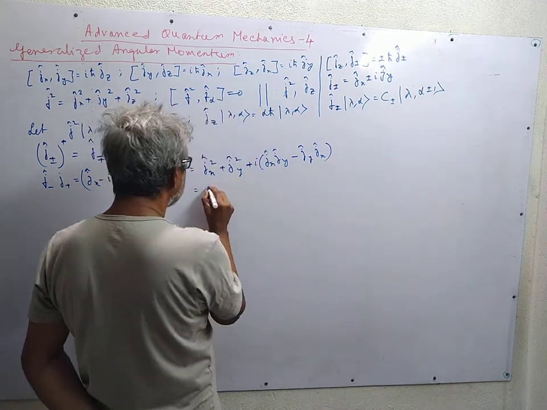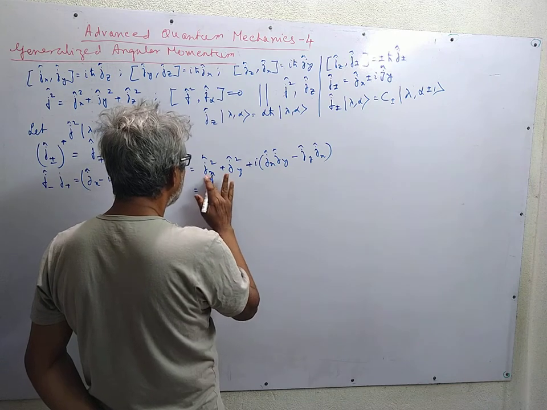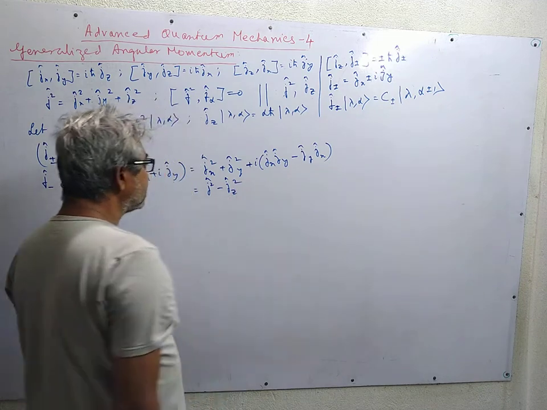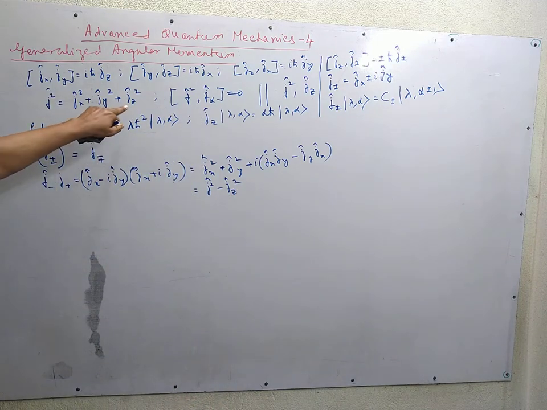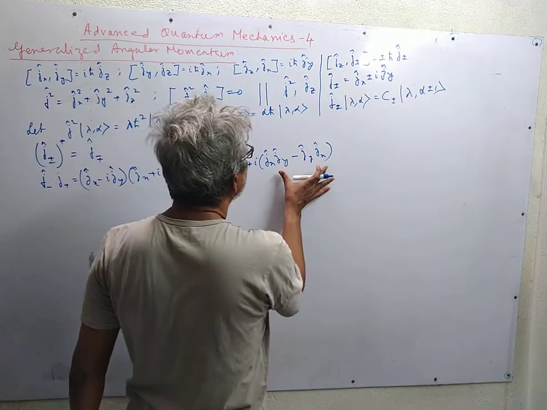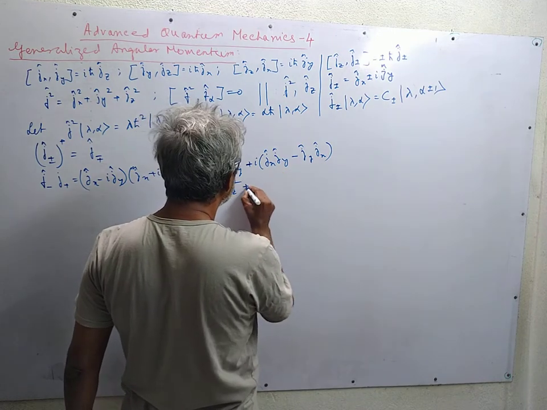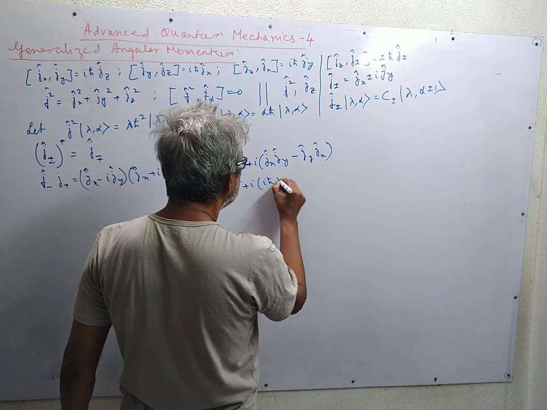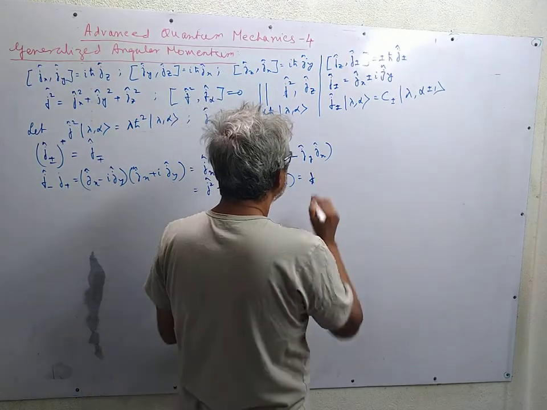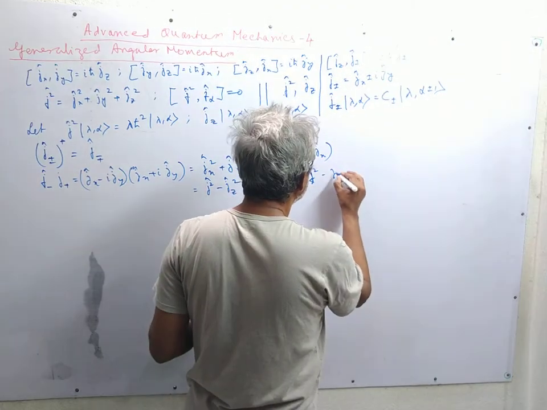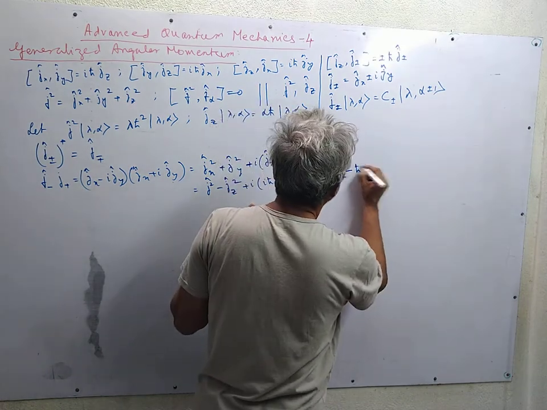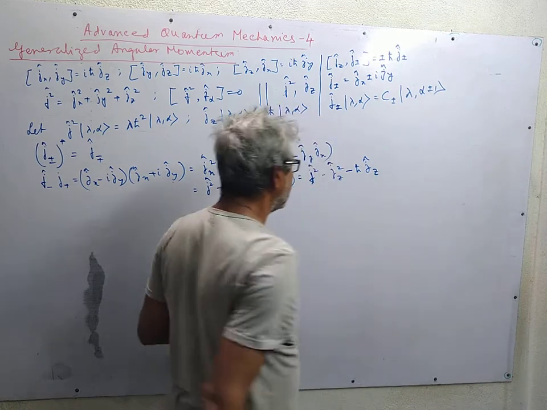This part can be written as J² minus Jz², because J² is Jx² + Jy² + Jz², so Jz² was missing, and it is added here and subtracted. And this is the commutator of Jx and Jy, so this is plus i times iħ Jz. So this is J² minus Jz² minus ħ Jz.